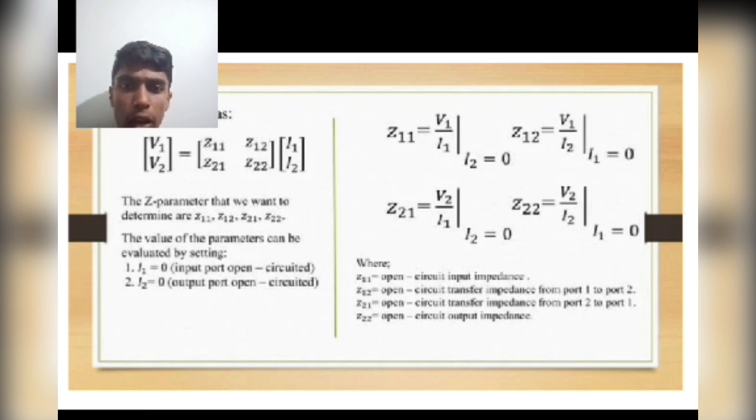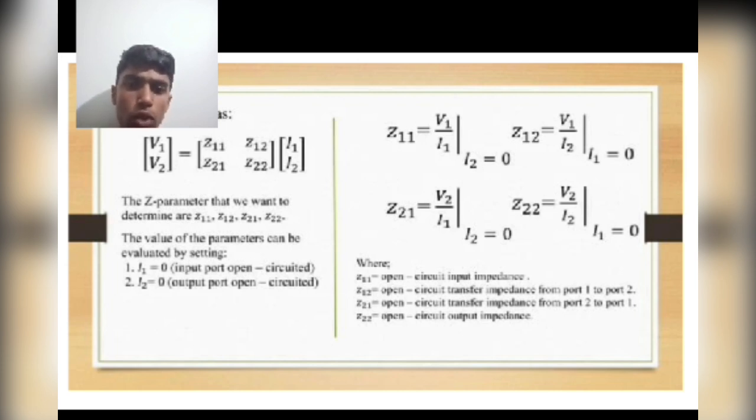The values of the parameters can be evaluated by setting I1 equal to 0, input port open circuited, and I2 equal to 0, output port open circuited. Z11 is equal to V1 by I1 when I2 equals 0. Z21 is equal to V2 by I1 when I2 equals 0. Z12 is equal to V1 by I2 when I1 equals 0.